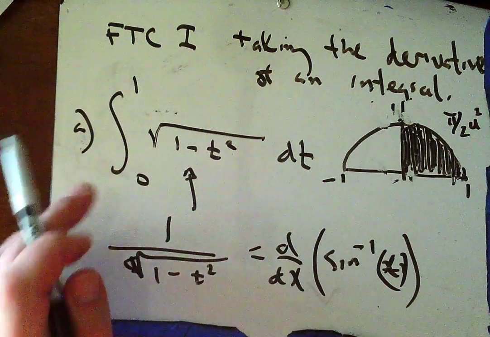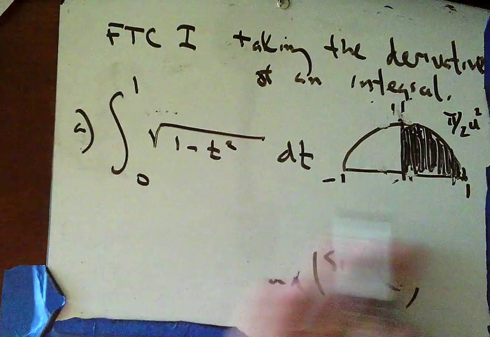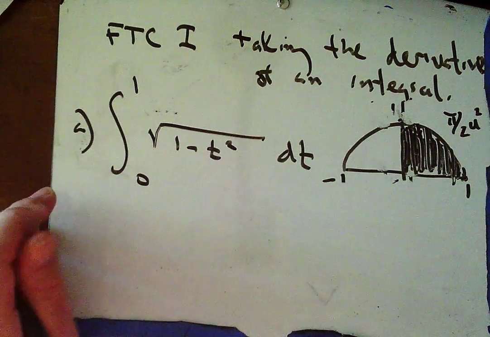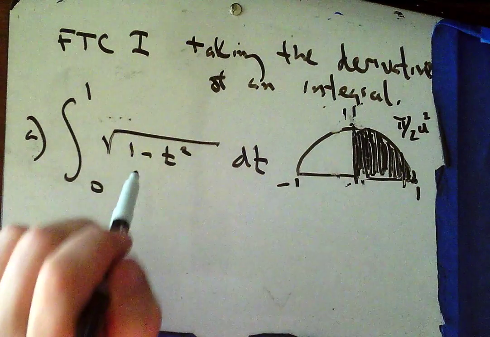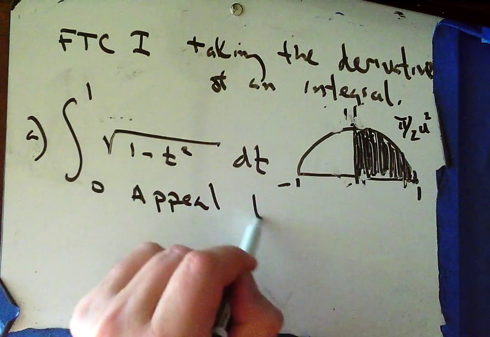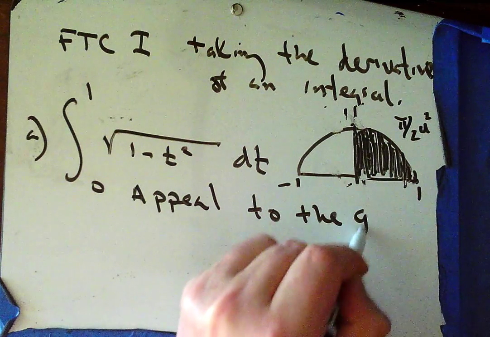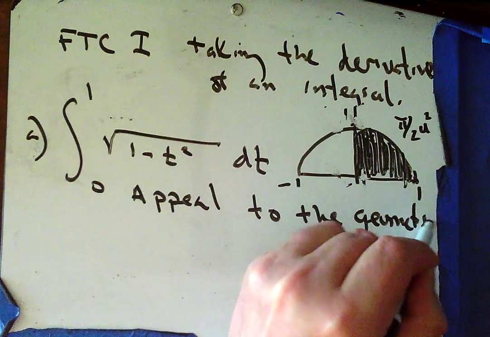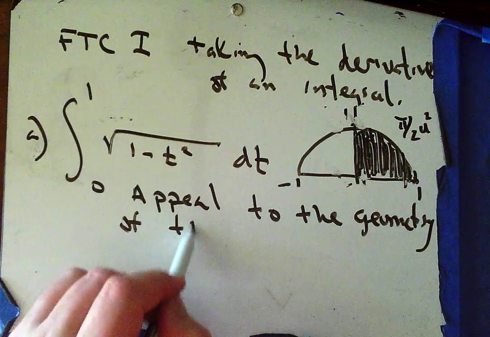Not this. Yeah. Okay. So, hey, there's no excuse for being asleep, Mr. Gukla. This is a semicircle, and you need to appeal to the geometry of the situation.